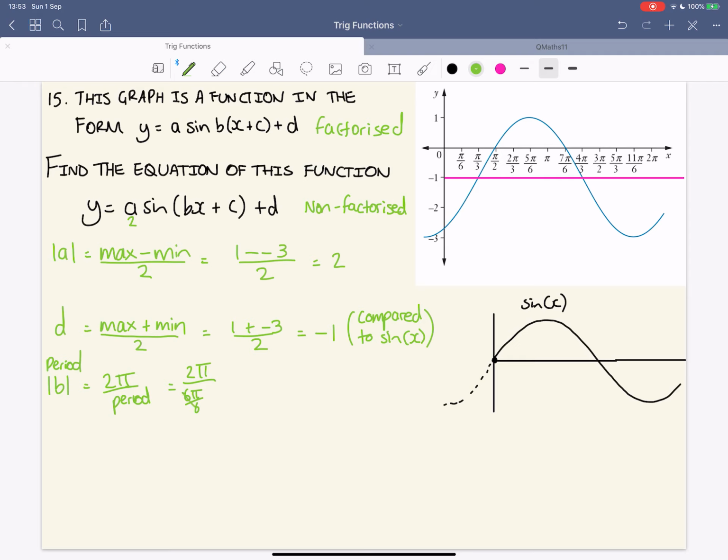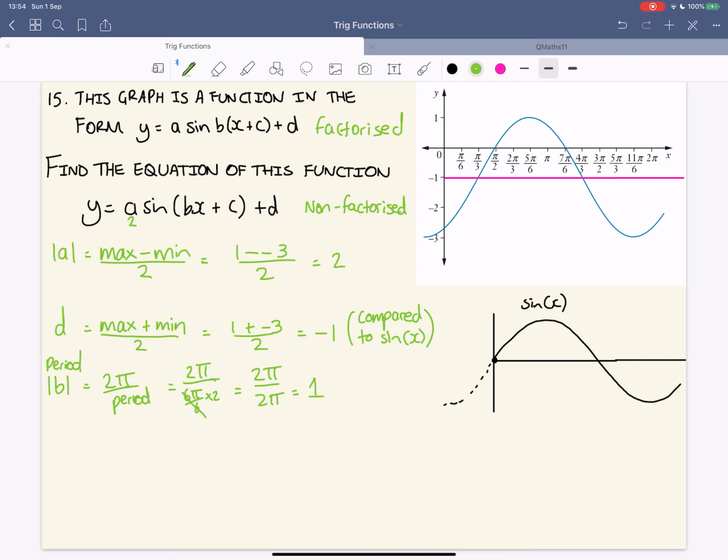Now the 2 6's cancel out, but we need to multiply by 2 because we have, remember, only a peak to a trough. We're going to times that by 2. So we'll do it there, and it'll be 2 pi on 2 pi, which is equal to 1. And so our period is 1.